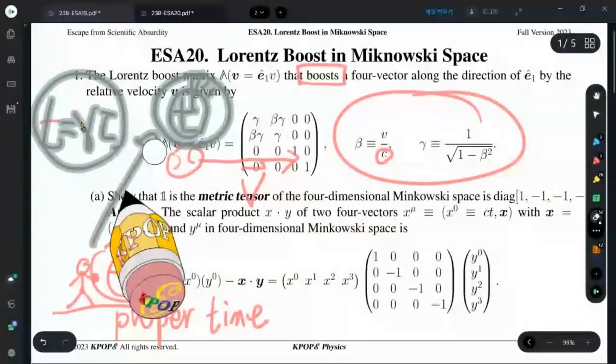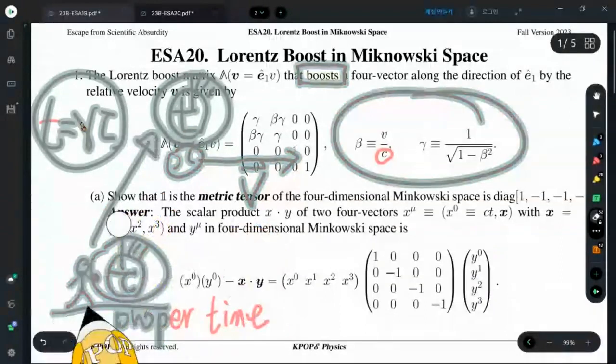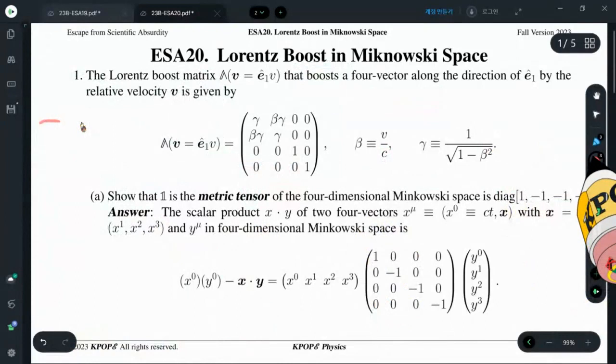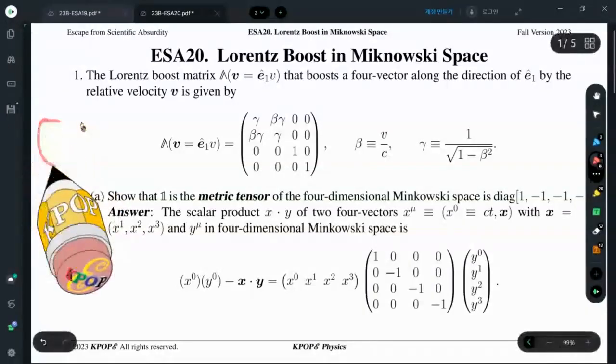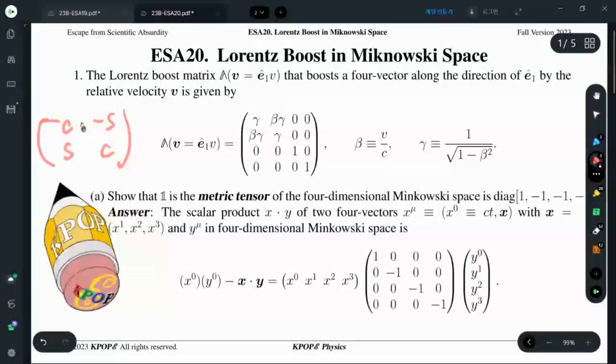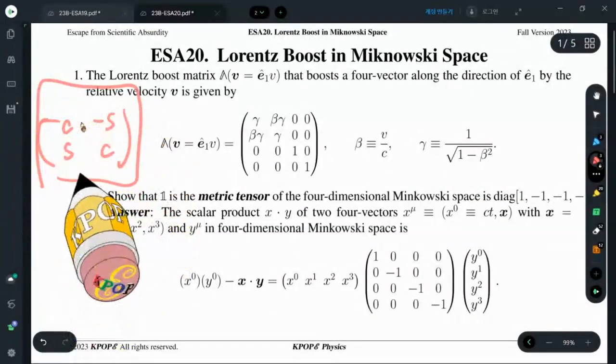Details are already discussed in the Y series. I don't want to repeat that. So, what we need to do is find out a boost matrix that is very similar to cosine sine minus sine cosine for the rotation matrix.